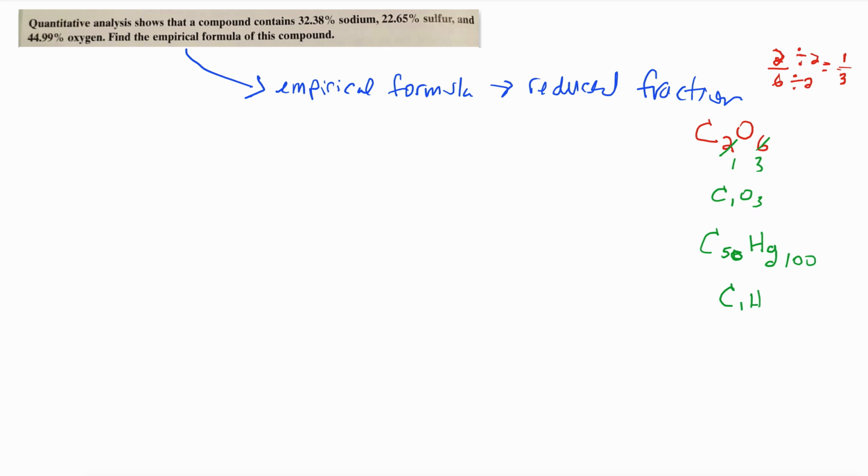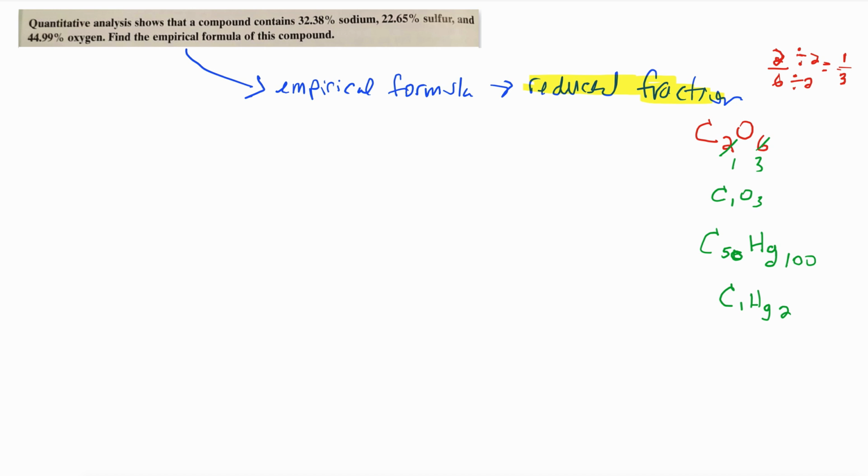I don't actually think this is a real thing, and I probably put it together completely wrong. That's how you do it. So what's empirical formula? It's reducing the little subscripts on the formula. And the first part of an empirical formula problem is actually super, super easy.